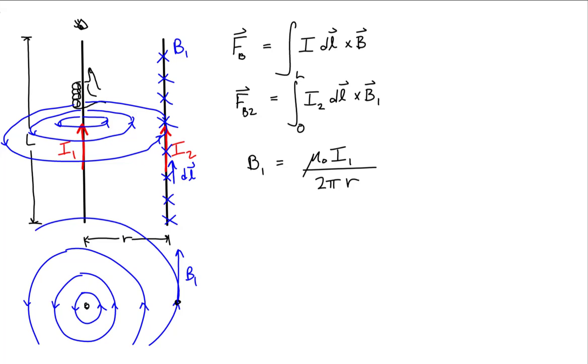So here is the magnitude of the magnetic field due to wire 1.